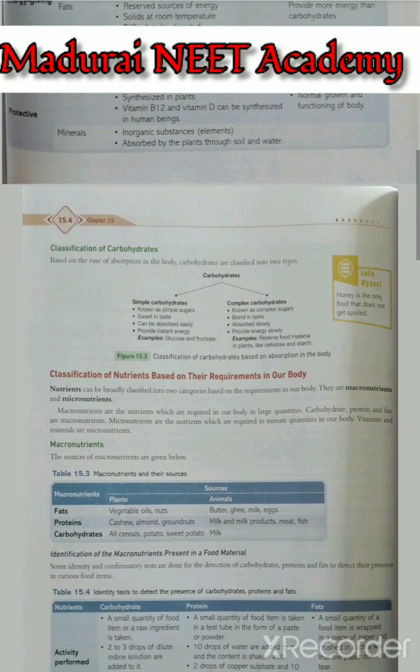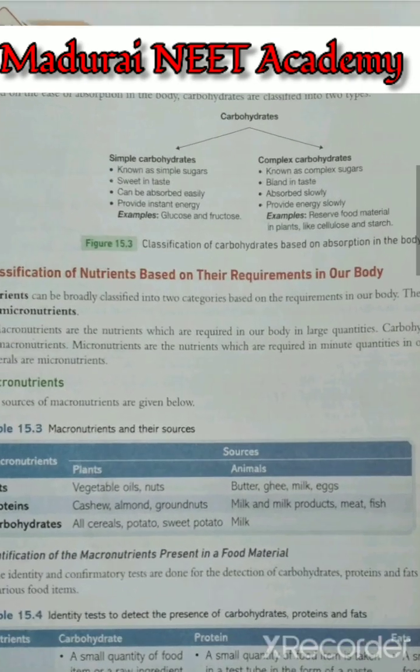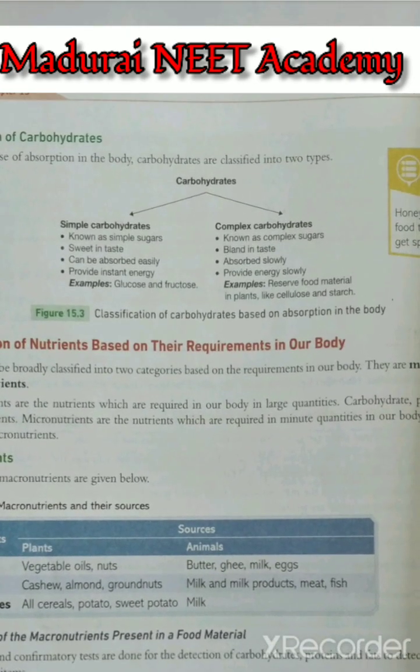Okay, the next one is the classification of carbohydrates. We have different types of carbohydrates, namely simple carbohydrate and complex carbohydrate. Simple carbohydrates are simple sugars, and complex carbohydrates are complex sugars. For simple sugar, examples are glucose and fructose, and for complex sugar, cellulose and starch.